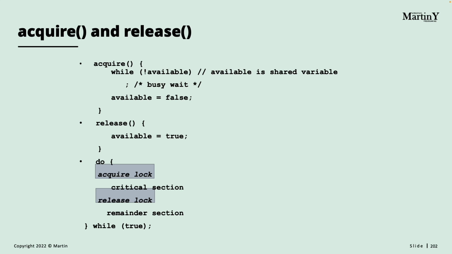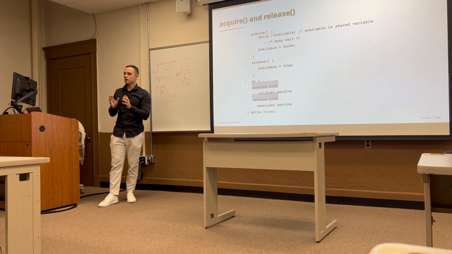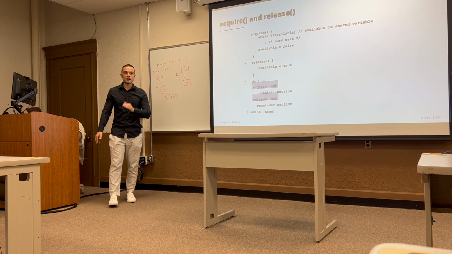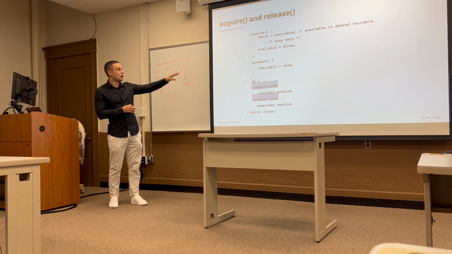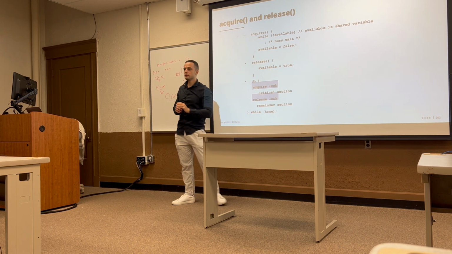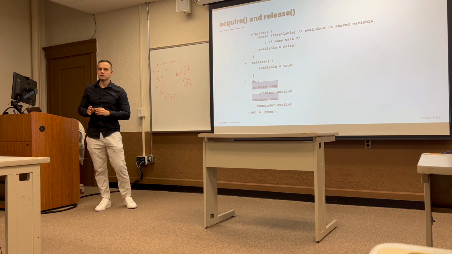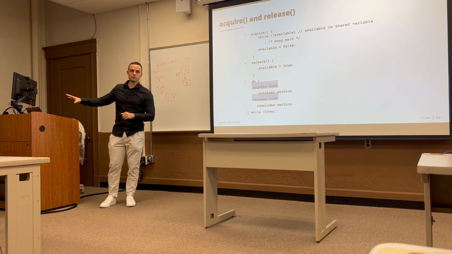So the problem with acquire and release is that a process will constantly loop until the resource is available. So imagine you have 5 processes that want to access the same memory location. One of them accesses the location, the other 4 are hanging right here in this while loop, and they're waiting. So while they're waiting, they're taking obviously memory, right?